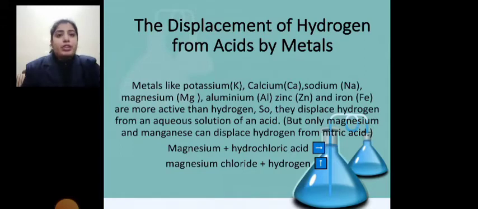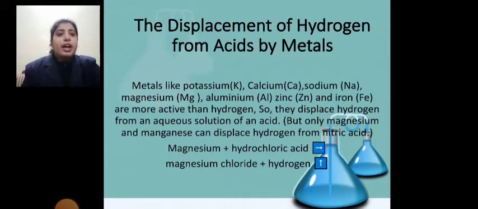Metals like potassium, calcium, sodium, magnesium, aluminium, zinc and iron. All these metals are more active as compared to hydrogen. So they can easily displace hydrogen from an aqueous solution. But only magnesium and manganese can displace hydrogen from nitric acid. Now the reaction is given here.